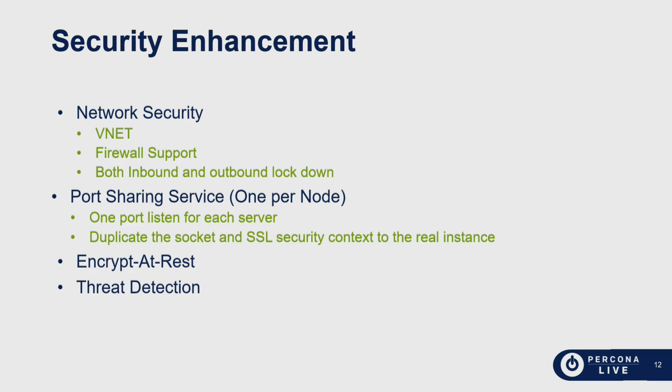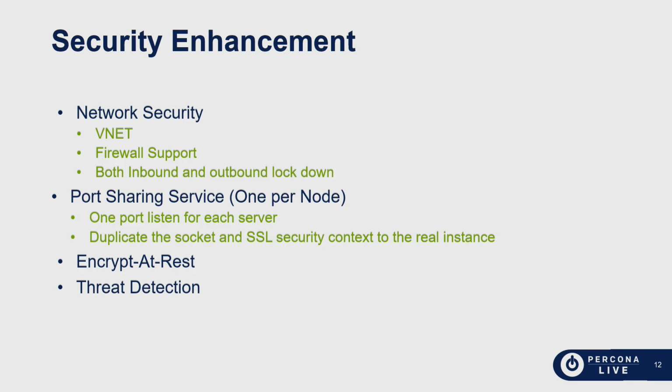For inbound connections, of course, that's what we're talking about here. We have a pod sharing service, which means we have a lot of instances, as I already described, inside one node. For MySQL, if everybody listens to a different port, that will be a nightmare because you don't have a default port and you have a lot of attack surface. So what we do is we have a service called the pod sharing service, which is the only service that listens to inbound connections.